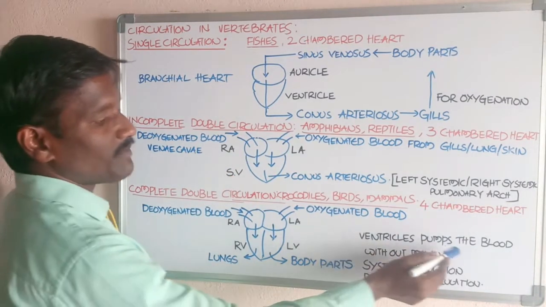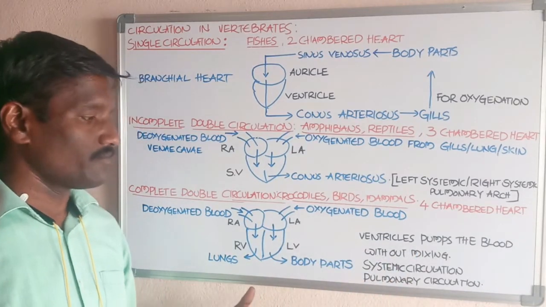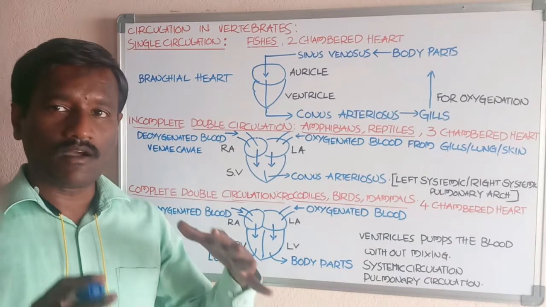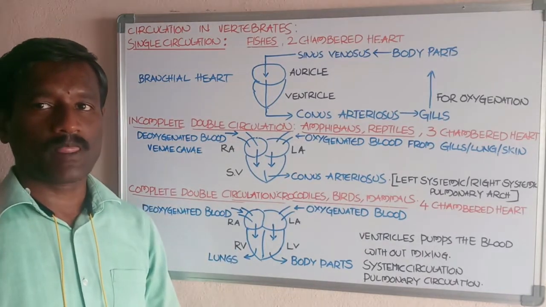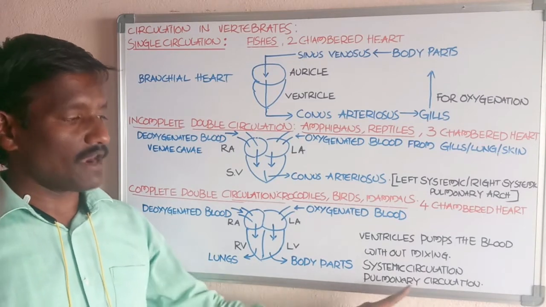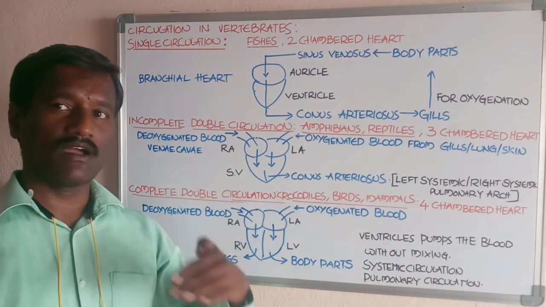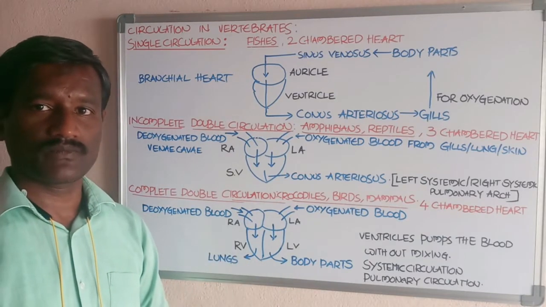The ventricles pump the blood without mixing. This complete double circulation has the systemic circulation and the pulmonary circulation.